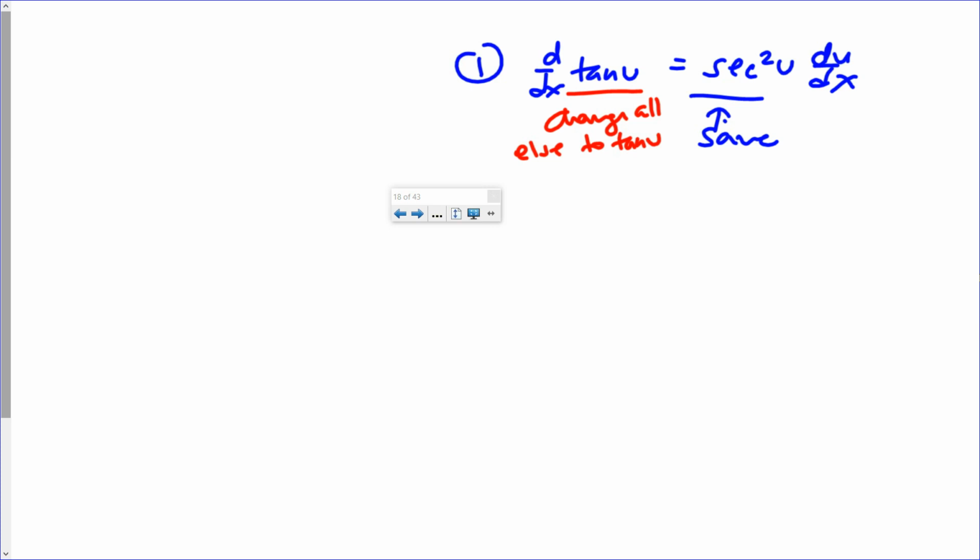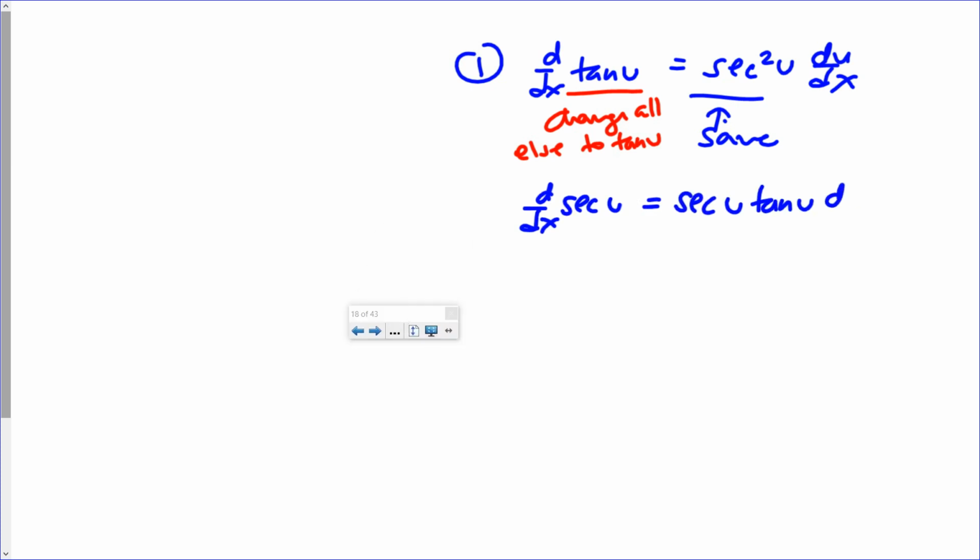But another derivative that we know is the derivative of secant u. What's the derivative of secant u? Secant u tangent u.